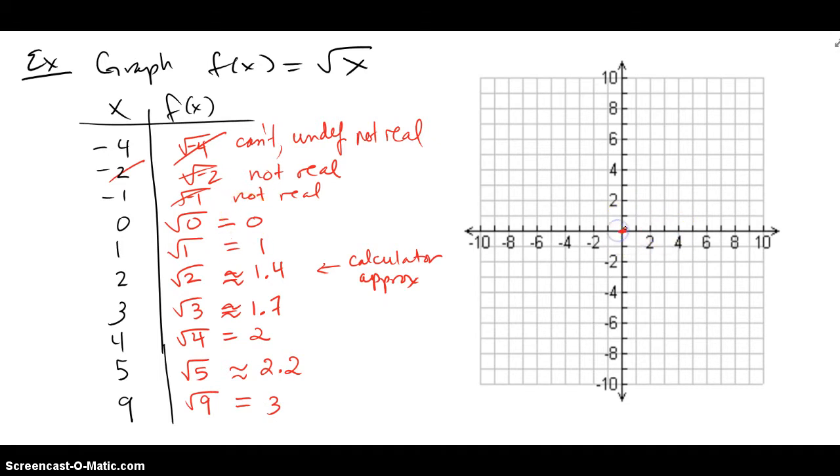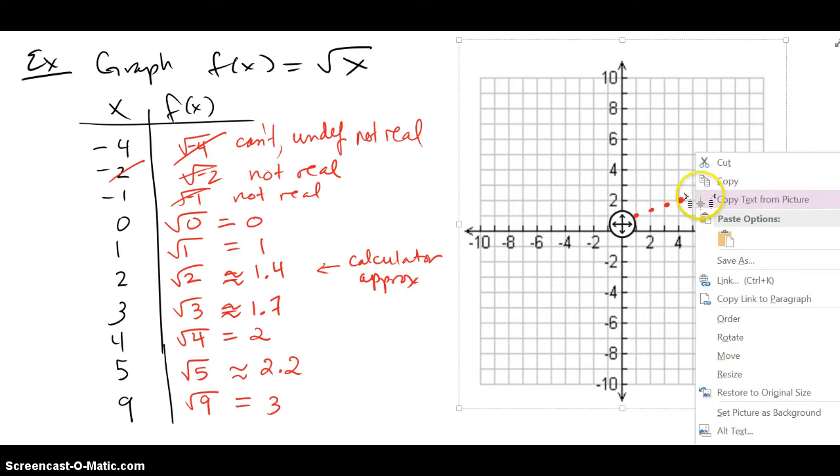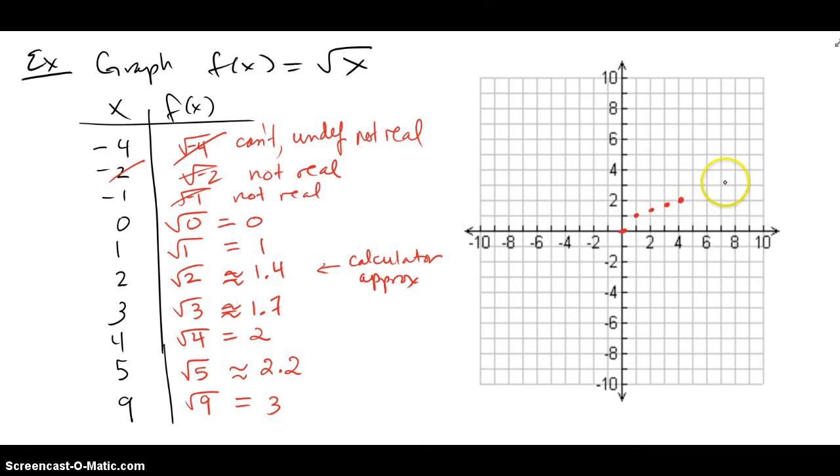I have 0, 0, 1, 1, 2 and 1.4-ish, 3 and 1.7-ish, 4 and exactly 2, 5 and 2.2-ish, and then we have, there we go, 9, and at 9 I'm jumping up to 3. So notice if I connect the dots, it looks like it's going to be curvy, and it's going to keep going and rising up to the right.